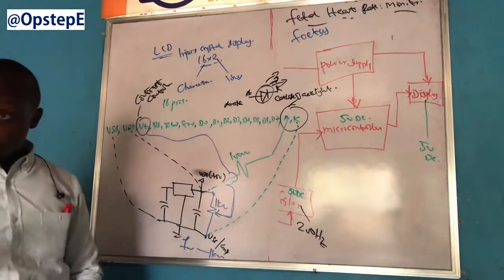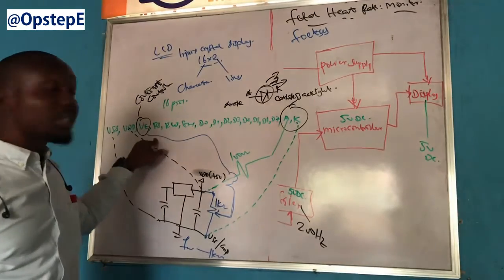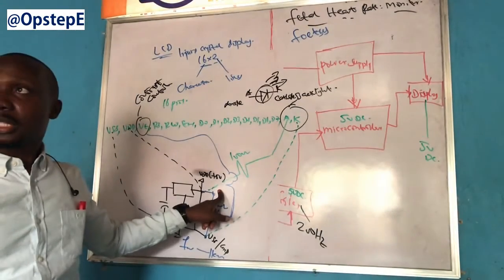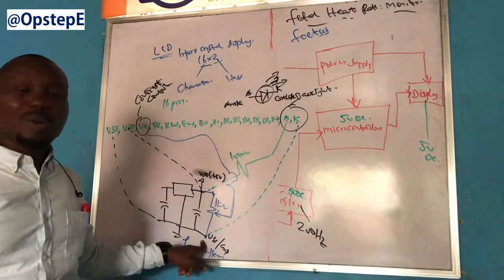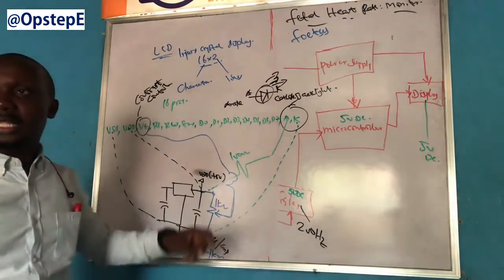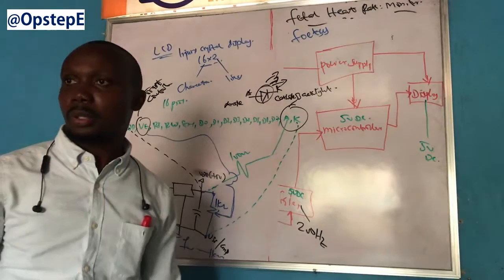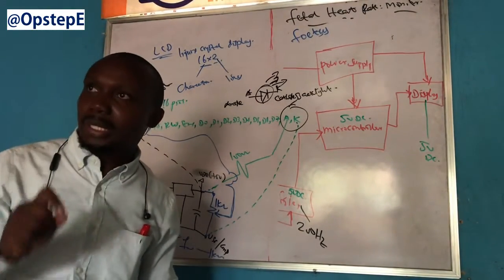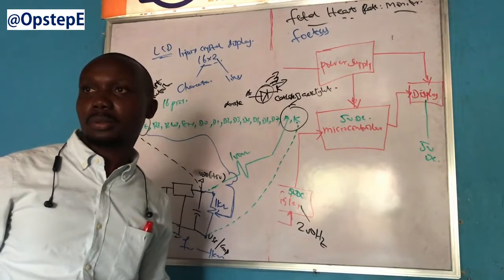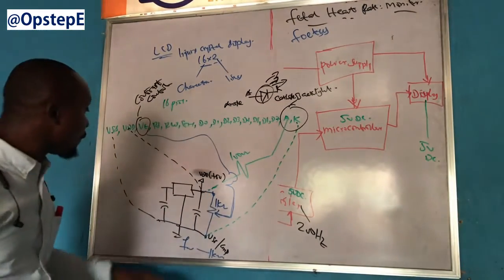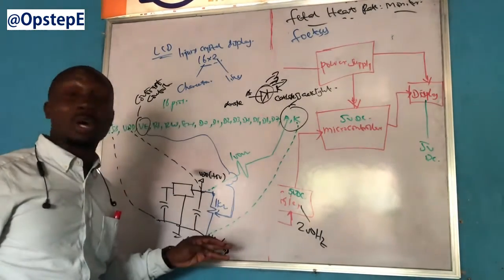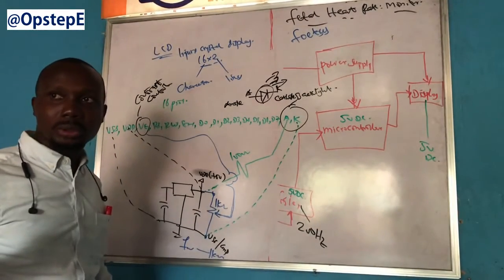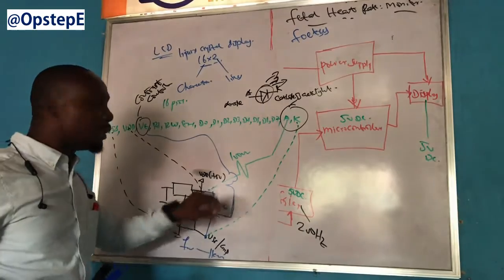Now let me even say it straight. What this VE really requires is ground. It's more of ground than VDD. It requires VSS. But if you give it the VSS directly, it becomes too much for it. So what you actually vary is the amount of VSS that it gets, not so much as VDD.